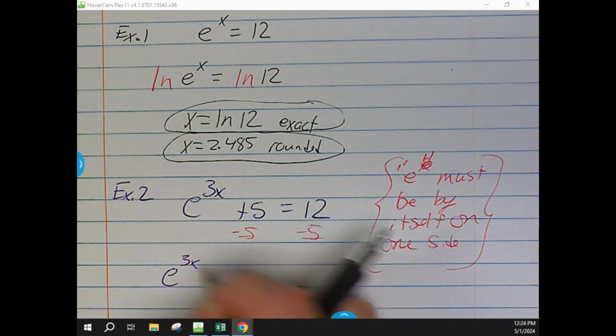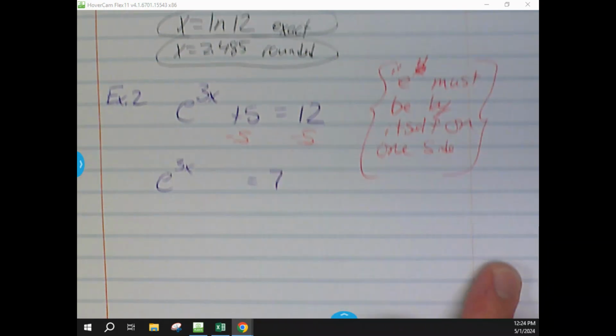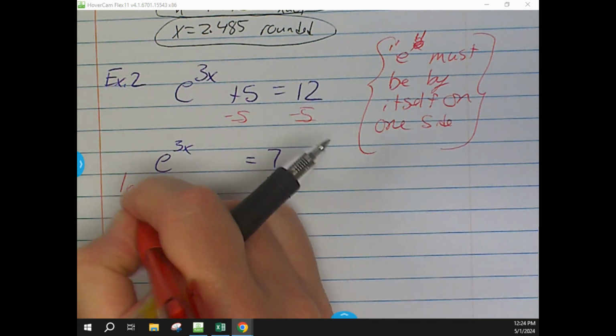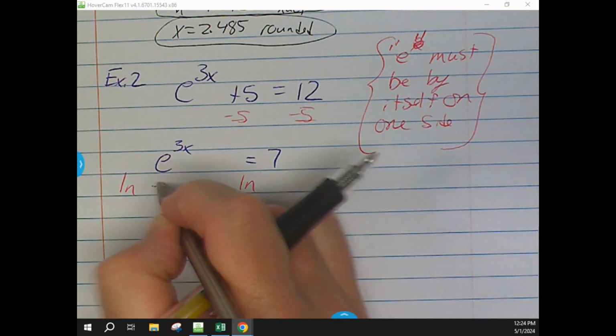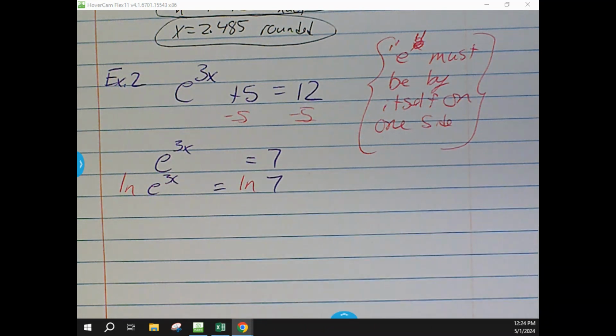Okay, so if we subtract that 5 away from both sides, we get e to the 3x equals 7. And now that we've got that e by itself, we can take the ln of both sides. So we've got the ln of e to the 3x equals the ln of 7.